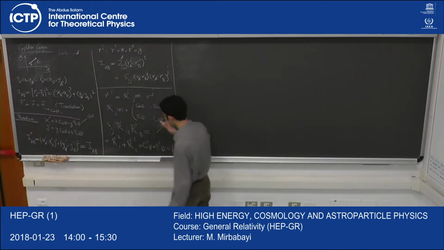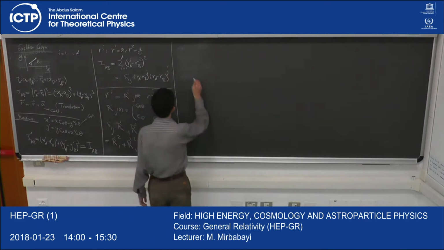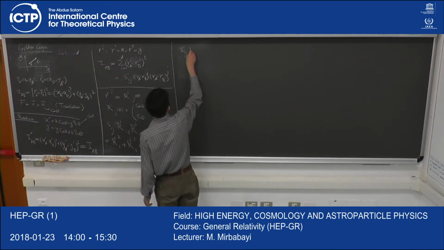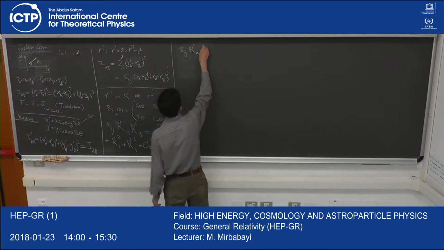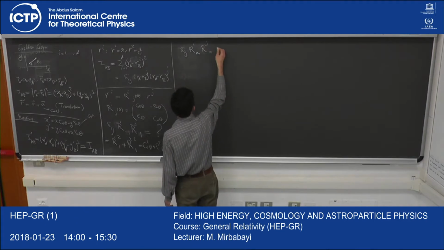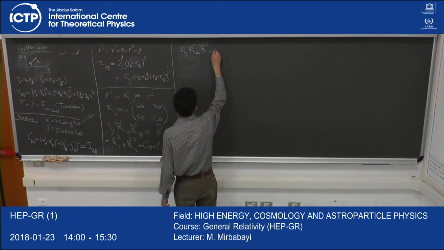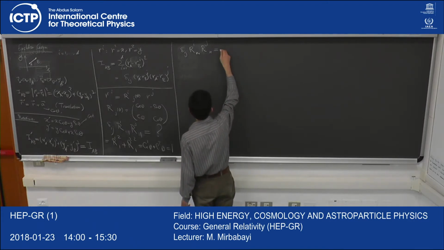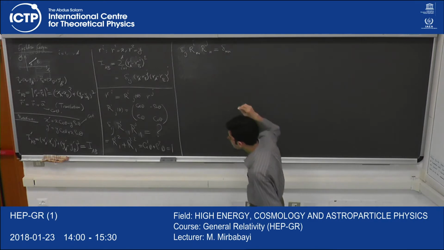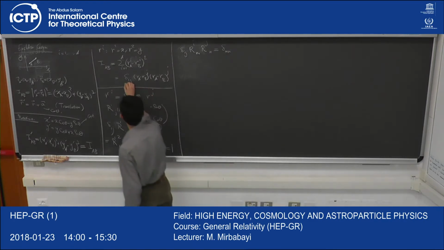Okay, now if we calculate the whole matrix, let me write it again. This whole matrix is going to be what? It's going to be the unit matrix. It's going to be this delta. I guess I didn't define delta ij.